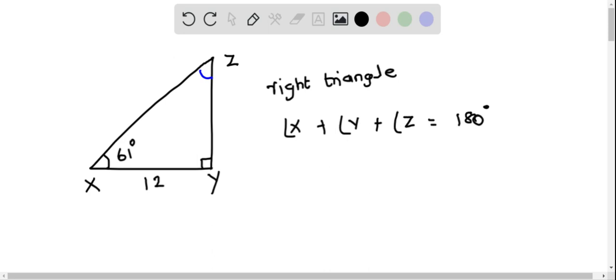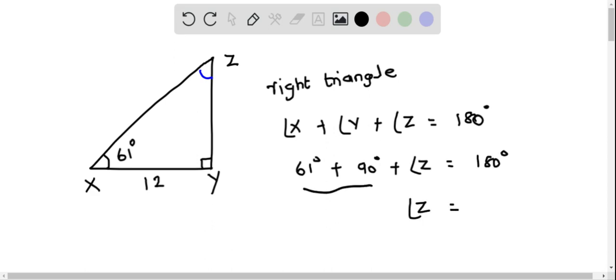Now we can substitute the values of angle X and angle Y. Angle X is 61 degrees, angle Y is 90 degrees, plus we have to find the angle Z. This equals 180 degrees. So this gives angle Z equals, this is 61 plus 90 is 151. So we subtract 151 from both sides, and this gives angle Z equals 29 degrees.